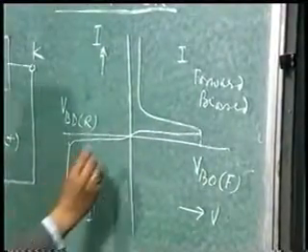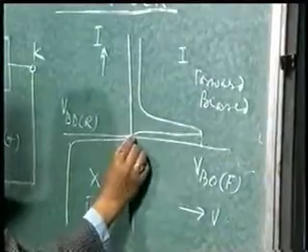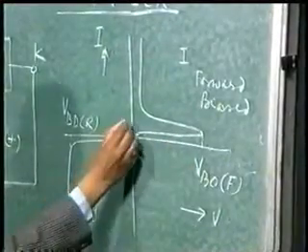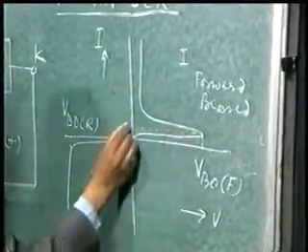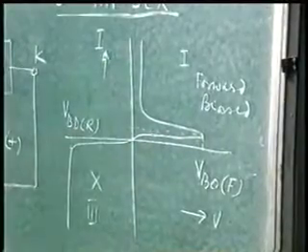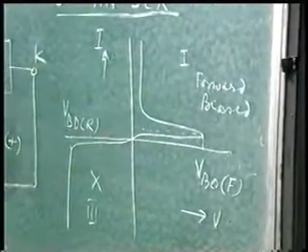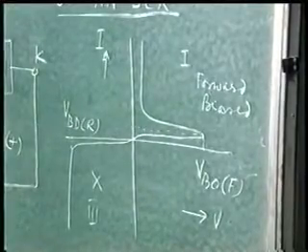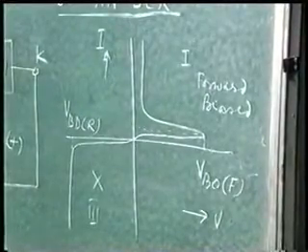Here, from this point to this point there is a little bit of current flowing. Very small amount of current is flowing up to this point, which is in milliamperes, and this current will not be able to conduct the device, and this current is known as leakage current.